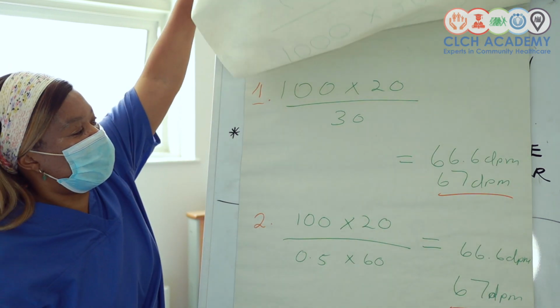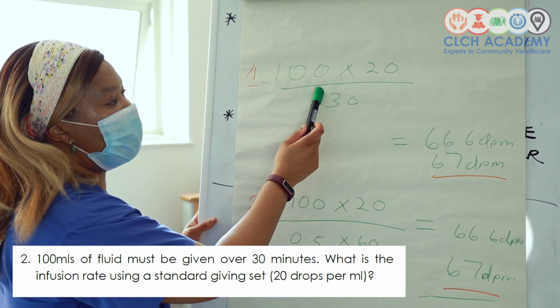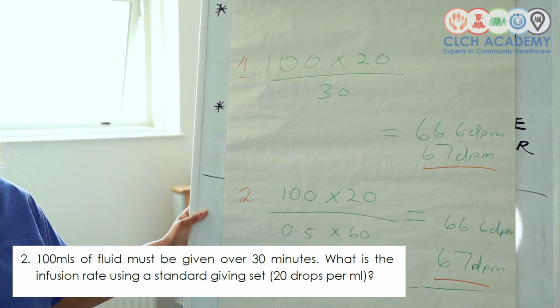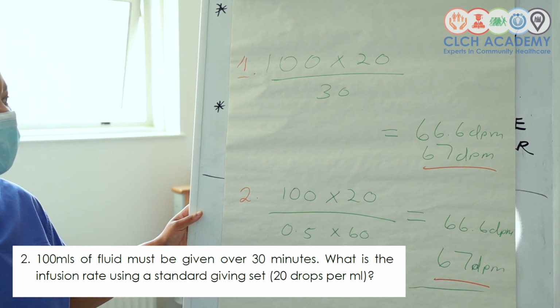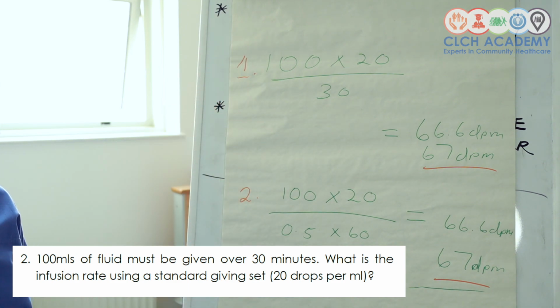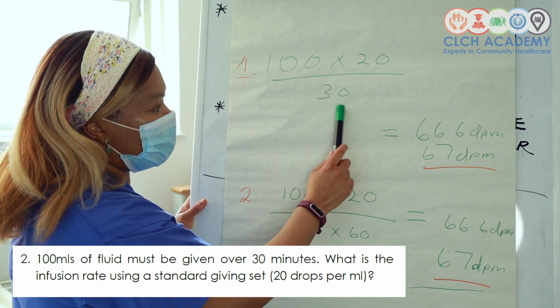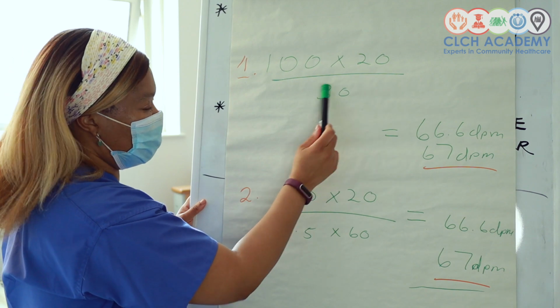Another one just to look at that might be slightly different is that you need to give 100 mils over 30 minutes. Drop factor is 20 drops per mil. Now there's two different ways you can potentially think about calculating that. One thing to think about is you already have the minutes, so you don't need to multiply by 60 because this is already expressed in minutes.